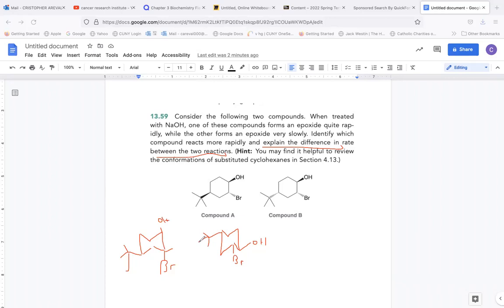All right. I just drew the other ones to help show what's going on. Okay. So here we have both on axial, right?